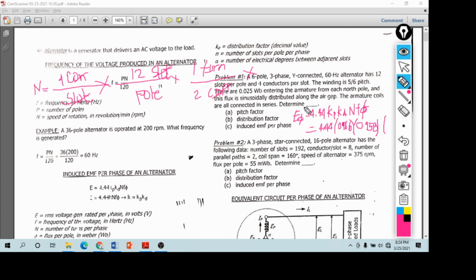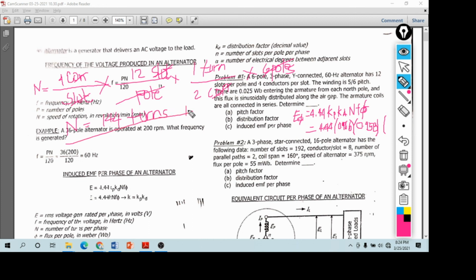There are 6, so cancel the poles. So we have N equal to 144 turns.